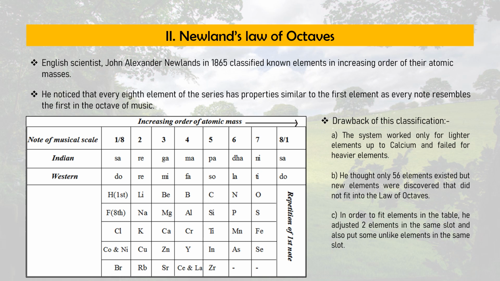So the first element here is hydrogen, second lithium, third beryllium, fourth boron, fifth carbon, sixth nitrogen, seventh oxygen, and the eighth one is fluorine. Here you can see that there are some chemical properties that are similar between hydrogen and fluorine.